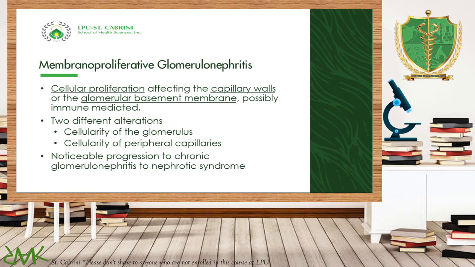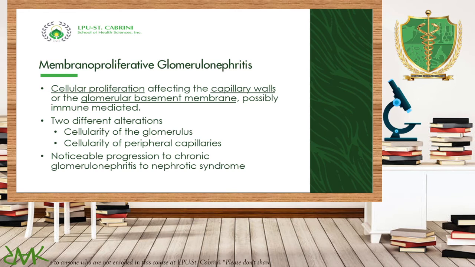Now, we proceed to membranoproliferative glomerulonephritis. Okay? So, what is this disease all about? Remember, guys, that membranoproliferative glomerulonephritis is a disease marked by two different alterations in our glomerulus.